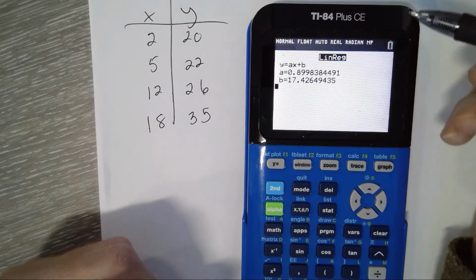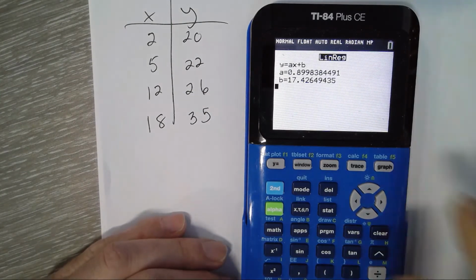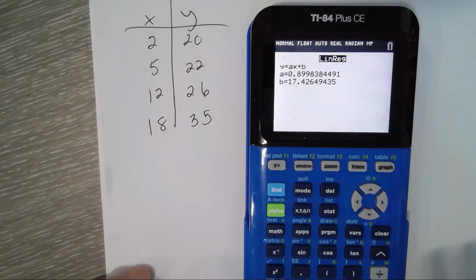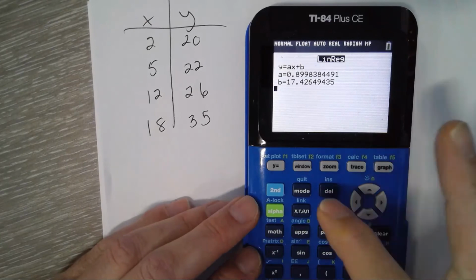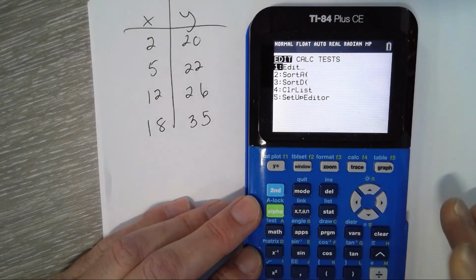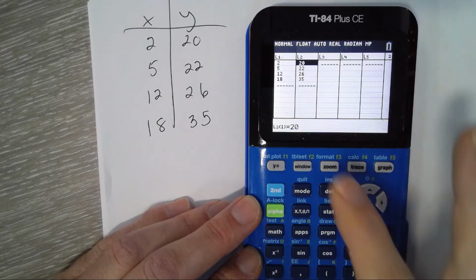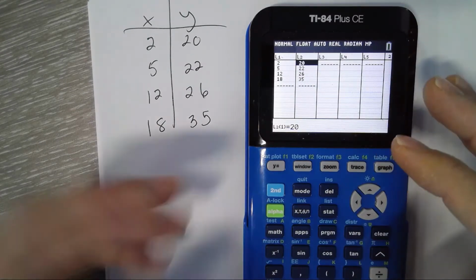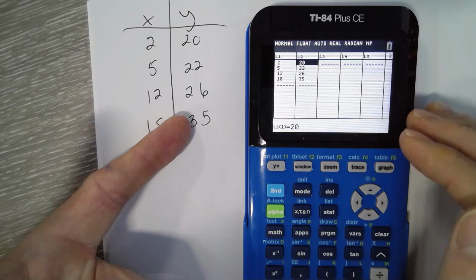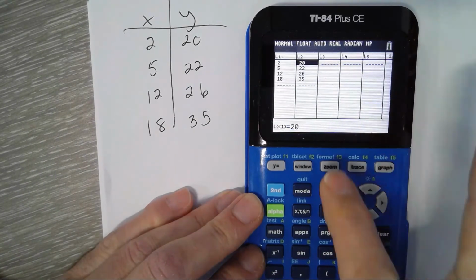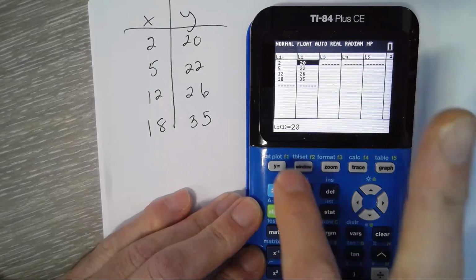If the question asked you, is this linear or not linear, the relationship with those, you could enter them into your list, both lists, which I did here, and we could plot them on the calculator. You could graph them on graph paper and see if it forms a straight line, but the calculator will do it also. So put them in your lists, and then you can go to stat plot right up here.